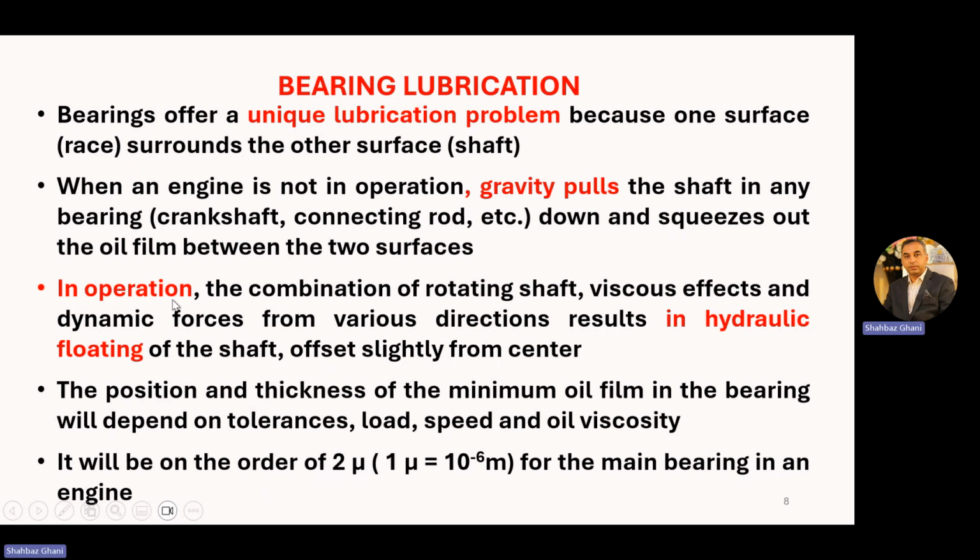In operation, when the engine is running, the combination of the rotating shaft, viscous effect, and dynamic forces from various directions results in a hydraulic floating of the shaft, offset slightly from the center, as we have seen in the figure. The position and thickness of the minimum oil film in the bearing will depend on tolerances, load, speed, and oil viscosity.